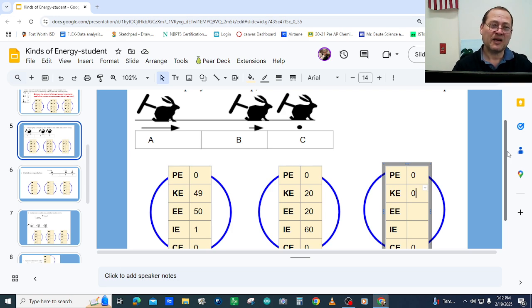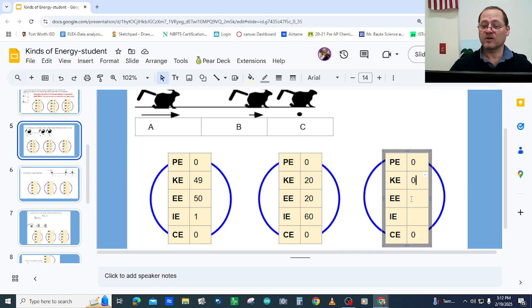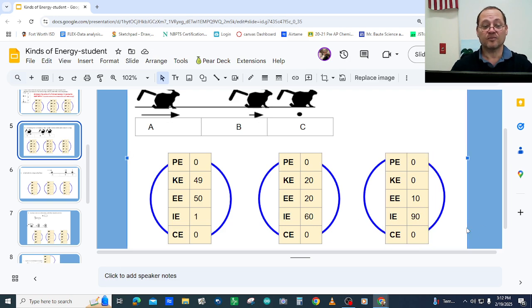So the spring still has some elastic energy. It's just that it is not enough for the system to move. But I will assign a certain amount. I would say that there is about 10% of the energy as elastic energy yet on the spring, and that makes the internal energy of the system equal to 90%. Right? So that's how you do number 2.